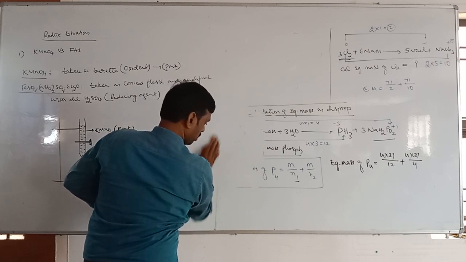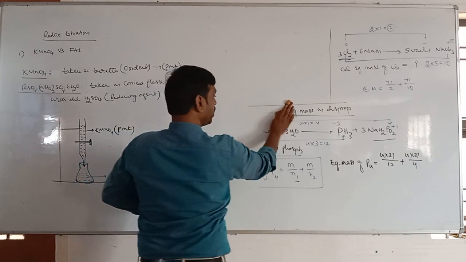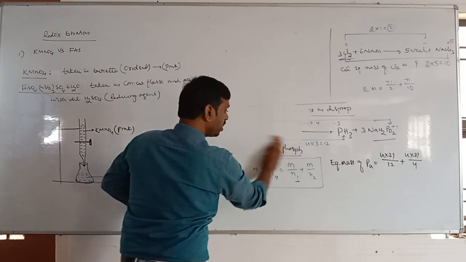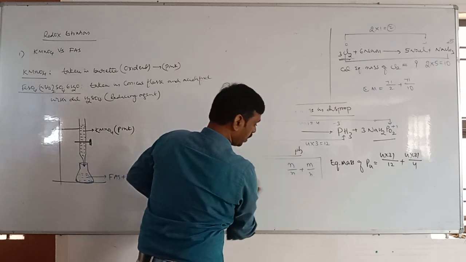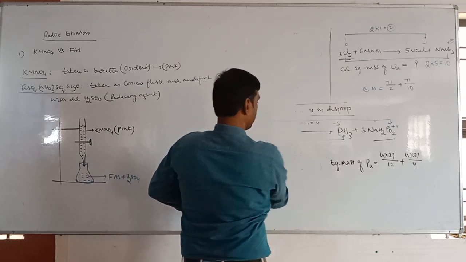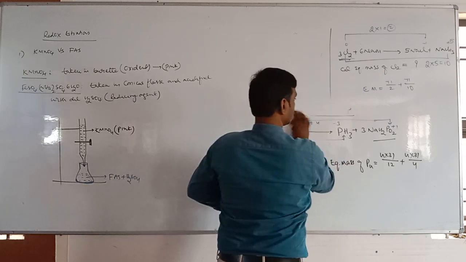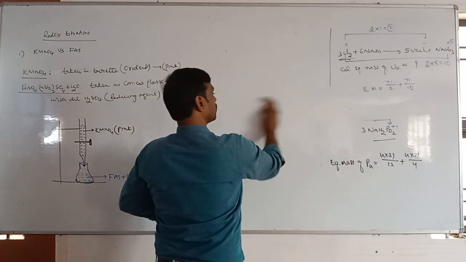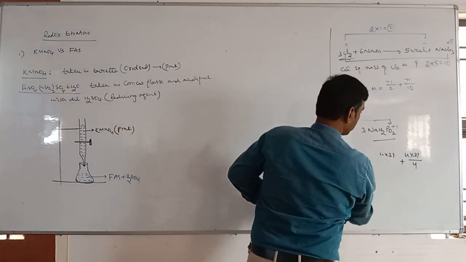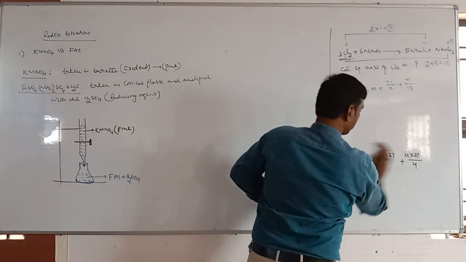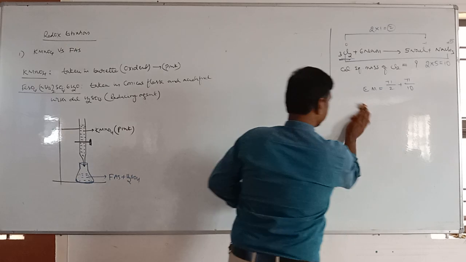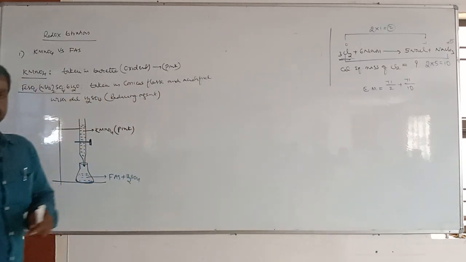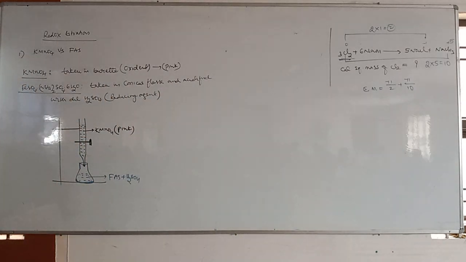Next step. What is the end point or equivalent point? Write down: colorless to pink. Next, what is indicator? KMnO4 self indicator. KMnO4 itself is an indicator, self indicator.